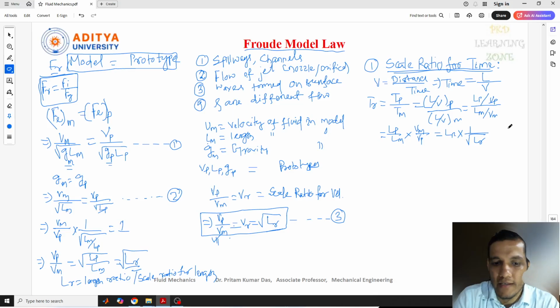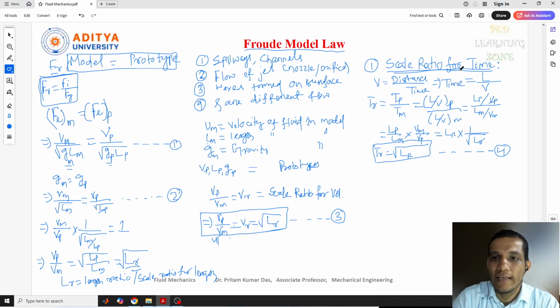If I multiply this one, this is L2 and this is LR and this is 1 by root over of LR. So this is 1 by 2. If I take it to the numerator side, then I will get TR equal to root over of LR. So this is another equation which we can highlight, equation number 4.